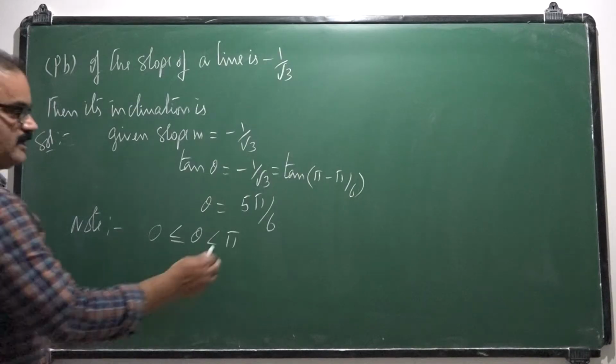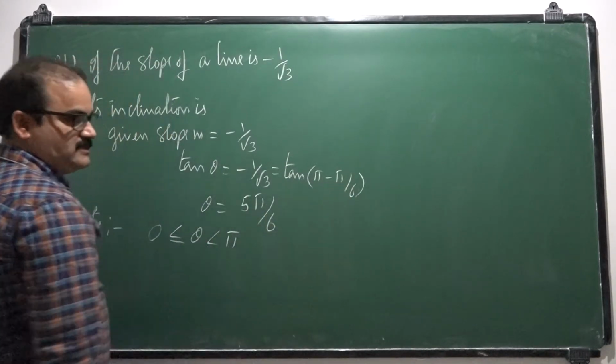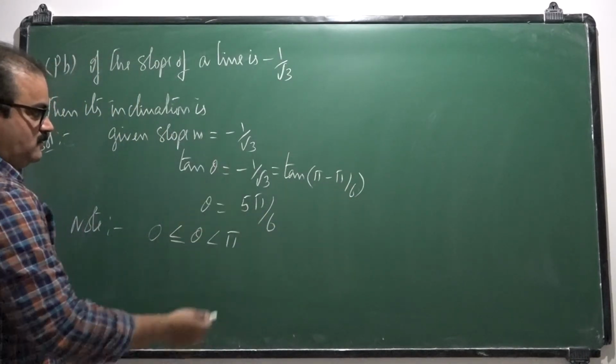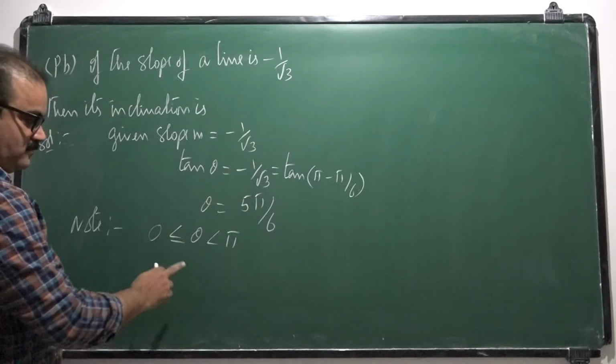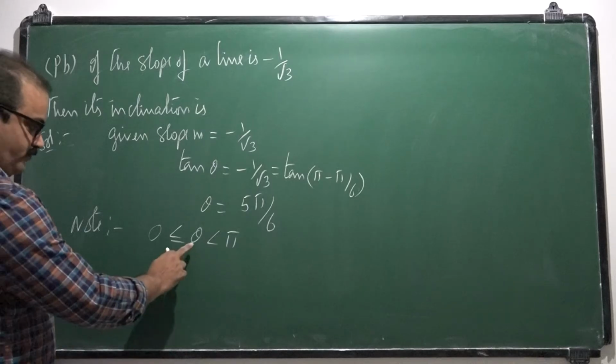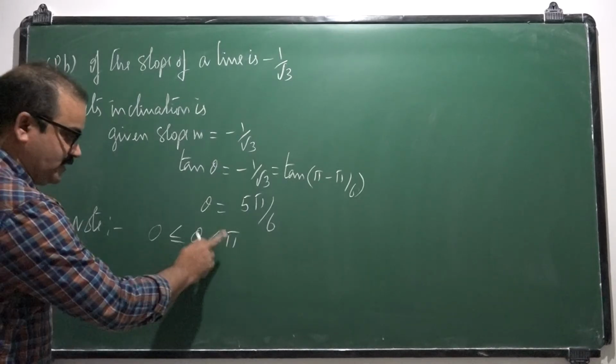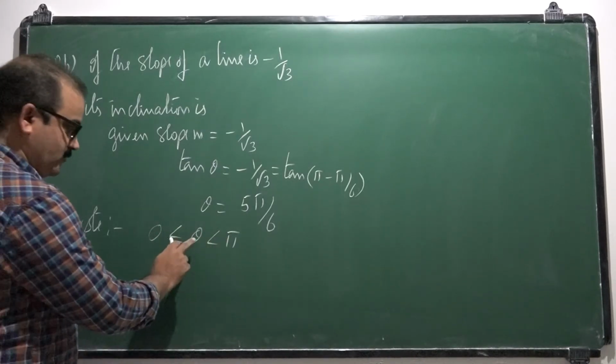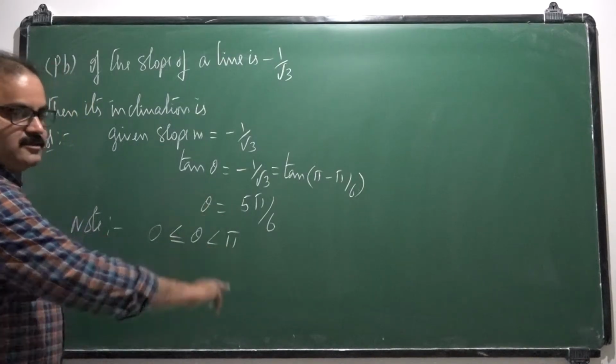For example, tan of 3 pi minus pi by 6 is also minus 1 by root 3, but that is not in the interval 0 to pi. So we consider the value within the interval 0 to pi, and only that angle is called inclination.